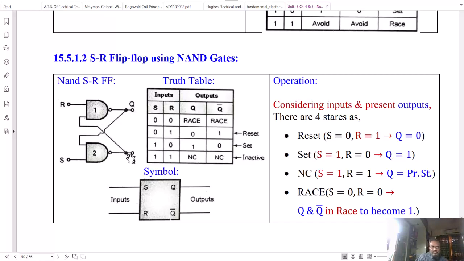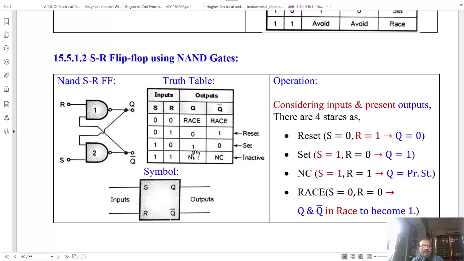When S is equal to 0 and R is equal to 1, here you will get the flip-flop. So you will see when the set input is 0, the flip-flop output Q will be reset, and when the reset input is 0, the Q output is set.